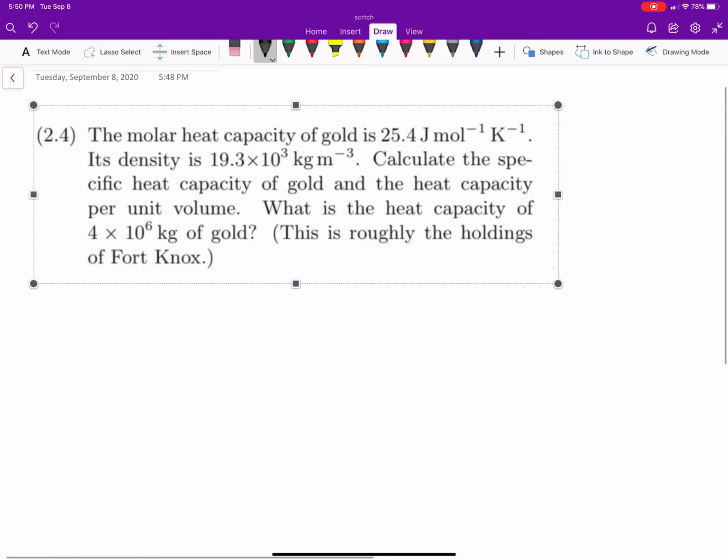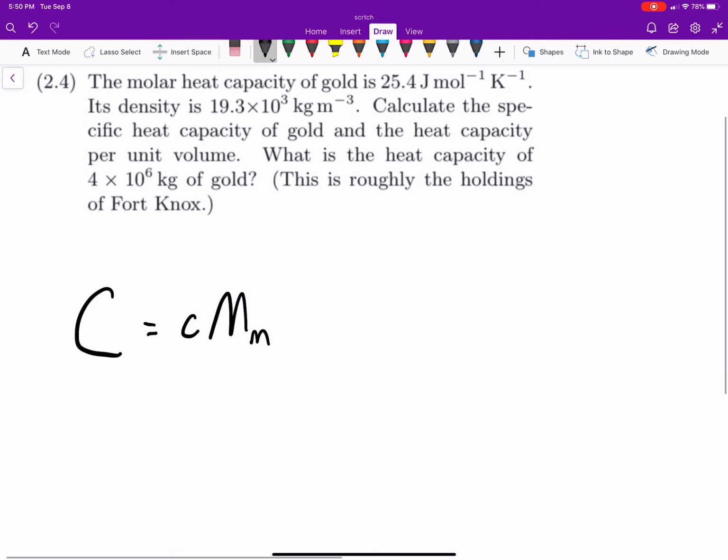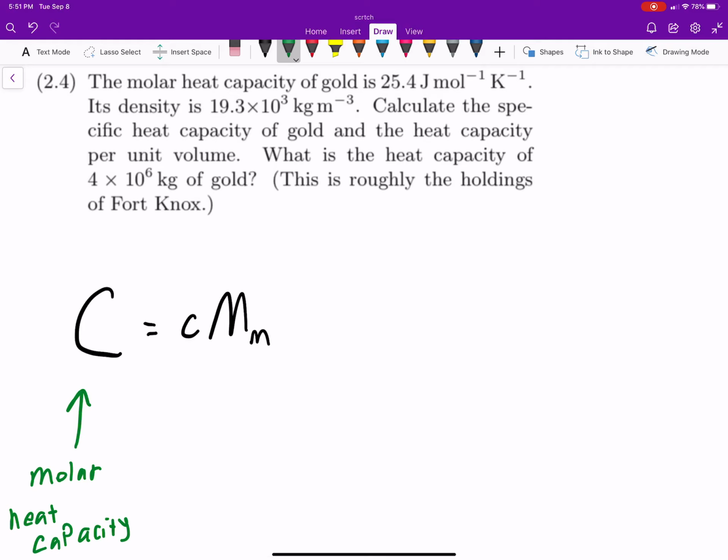So the equation we're going to be working with is big C is equal to little c times big M, molar mass. So just so we know what all this is: the big C is the molar heat capacity, and M is your molar mass.